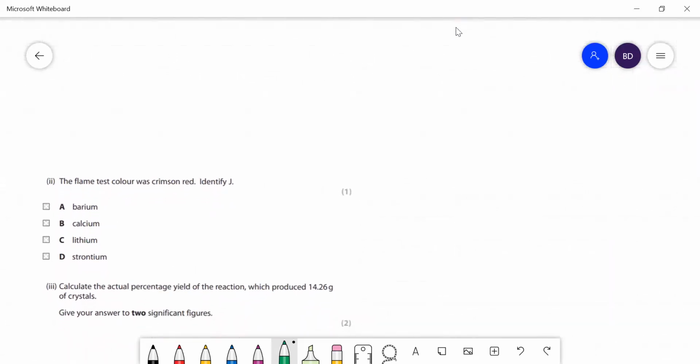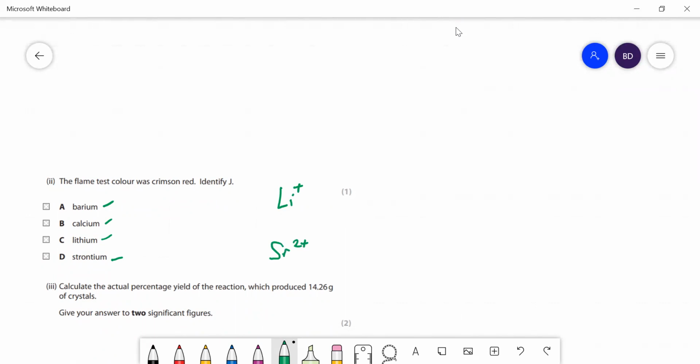Well, which one was it? Barium is green, calcium is a brick red, lithium is fairly, most people say it's scarlet, but that's not an M2+ ion because that's Li+ as it's group 1. And strontium does give you a crimson, so strontium is the most likely identity there.